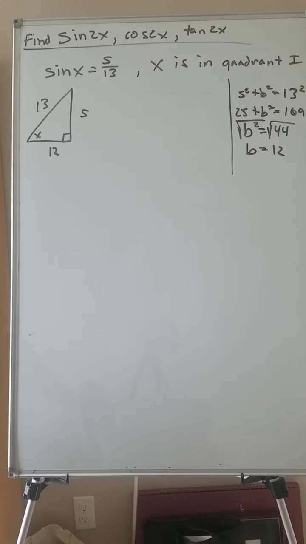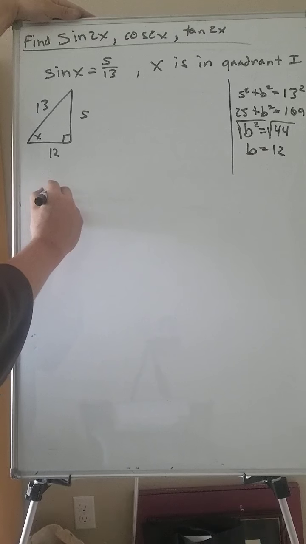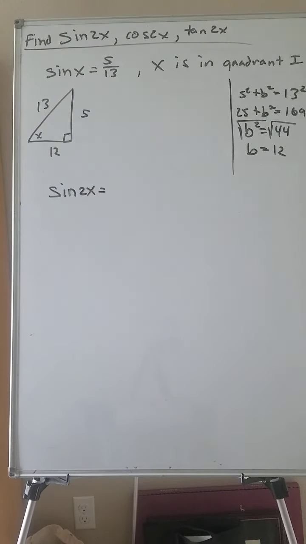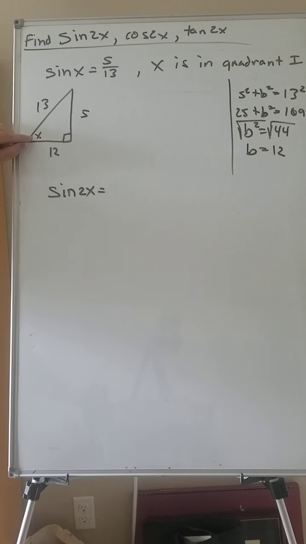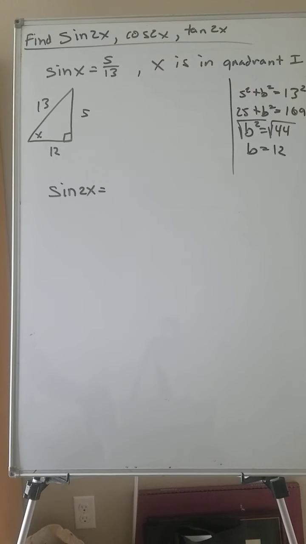Okay, so the problem wants me to find the sine of 2x, the cosine of 2x, and the tangent of 2x. So first things first, let's find the sine of 2x. This angle is not 2x, this angle is x. The angle I'm asking about is 2x. So how am I going to do that?